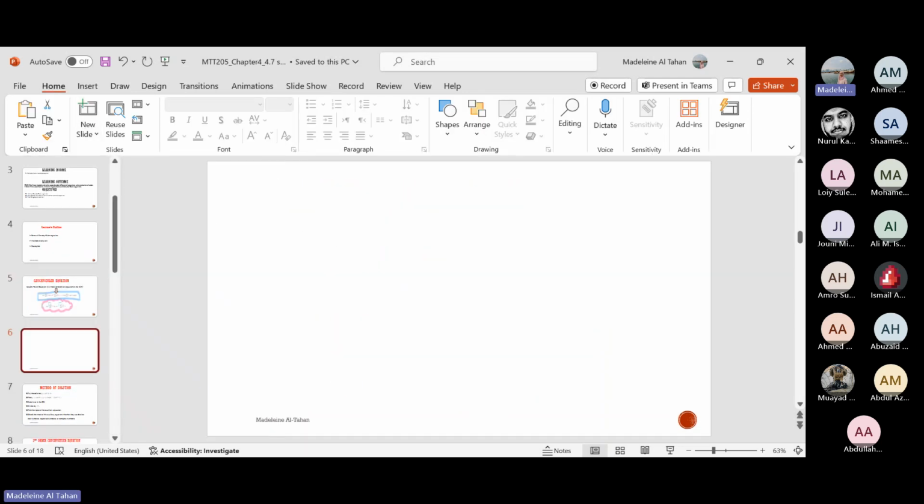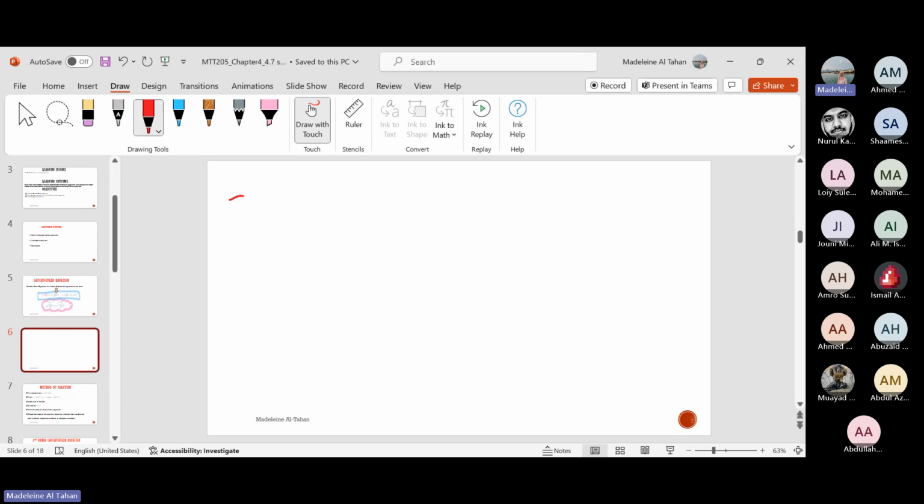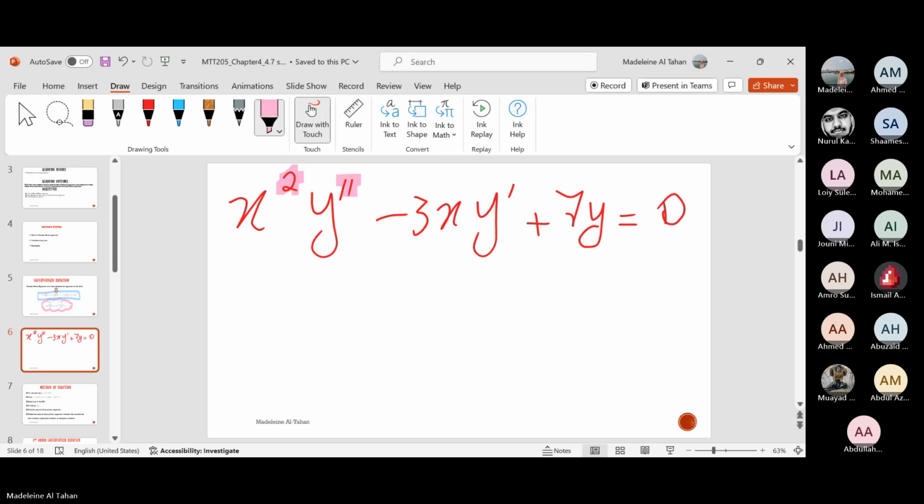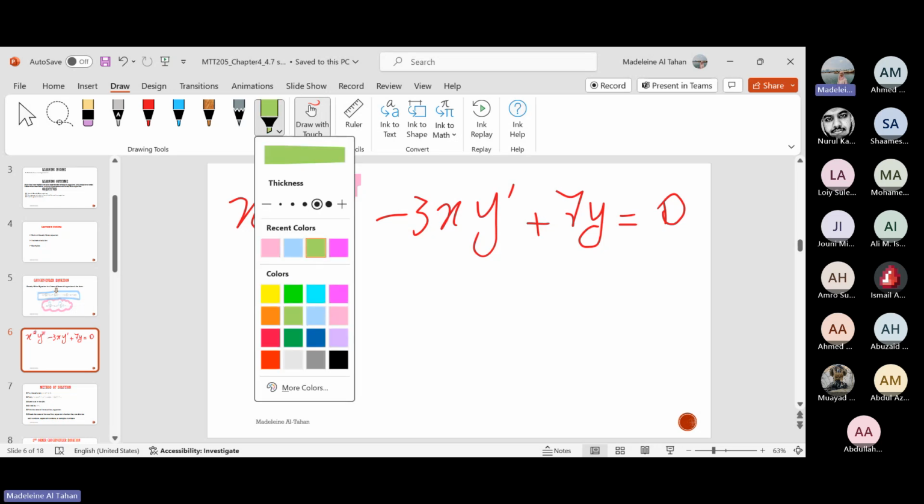Okay, I'll just make sure that you're okay with it. I will give you an example. So look at this one, miss. x squared y double prime minus x y prime plus 7y equal to 0, let's say. What do we have here? Double prime. And here what do we have? x squared. And here what do we have?